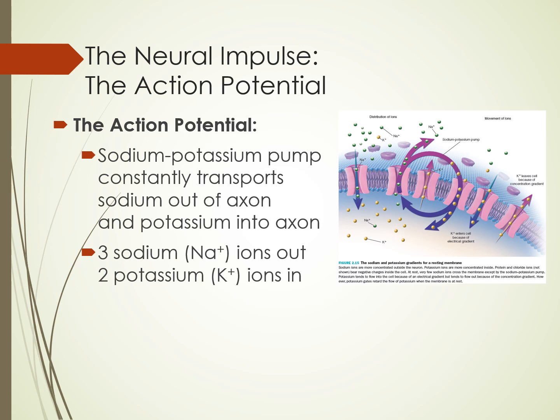And so this process of the sodium-potassium pump, kicking out some of the sodiums and bringing back in some of the positively charged potassium ions, that process is an active process, and we're just basically putting things back into their original places and their original ratios, so that we can have this process happen again, where we kick out 3 sodium ions for every 2 potassium ions that we pull in.